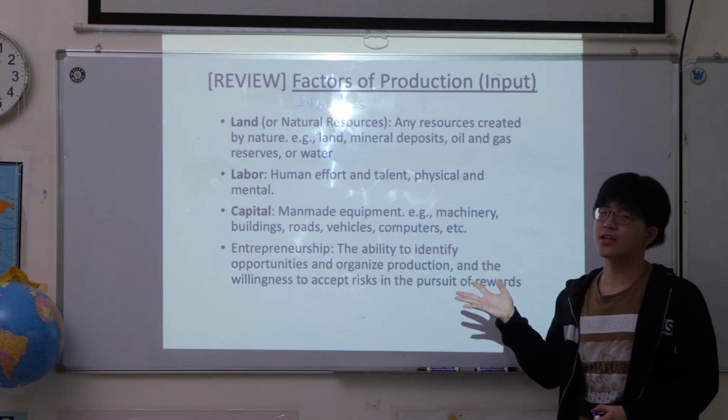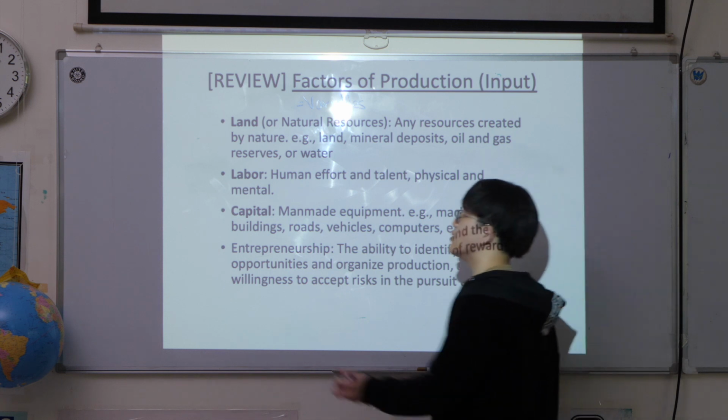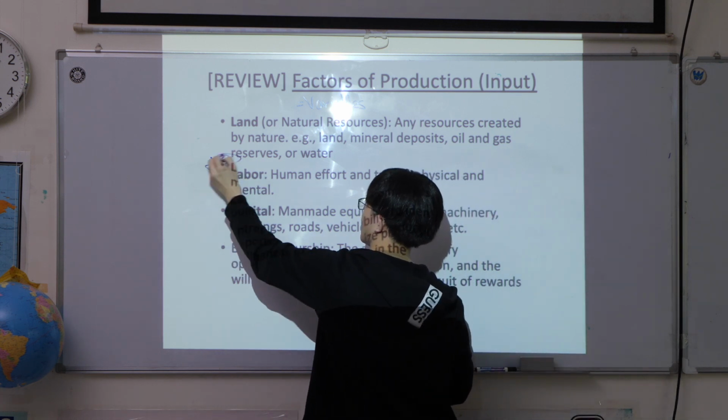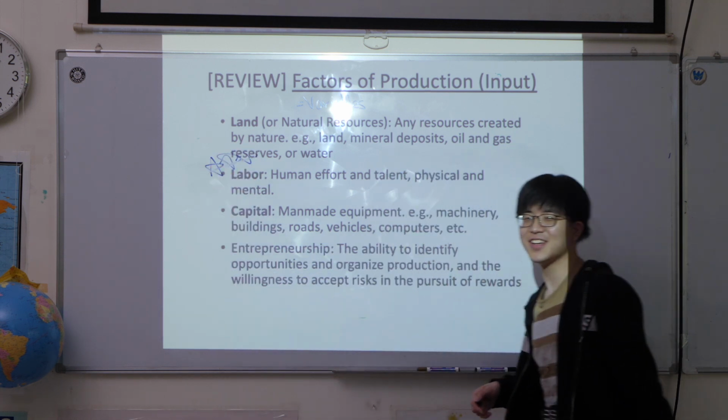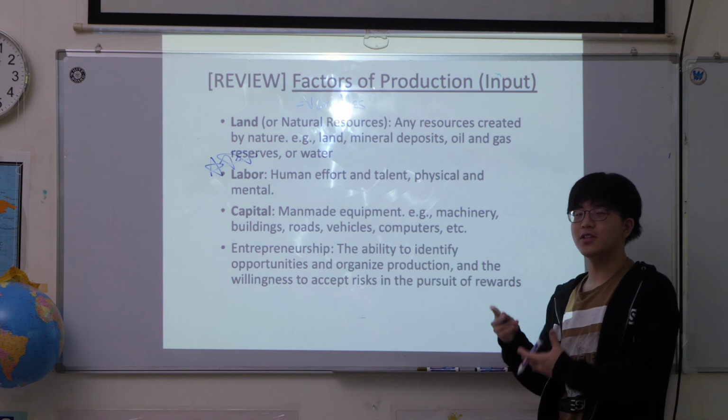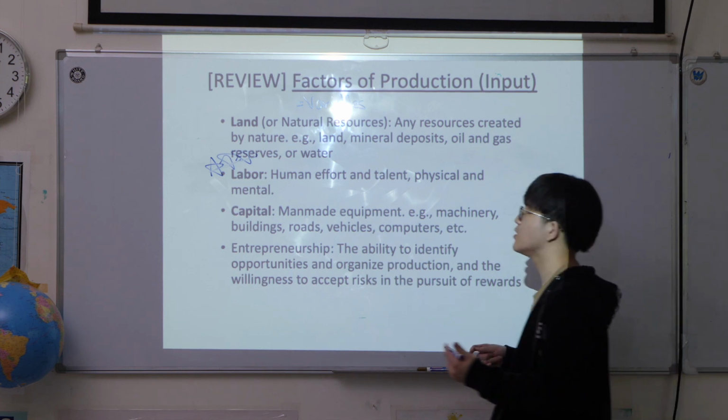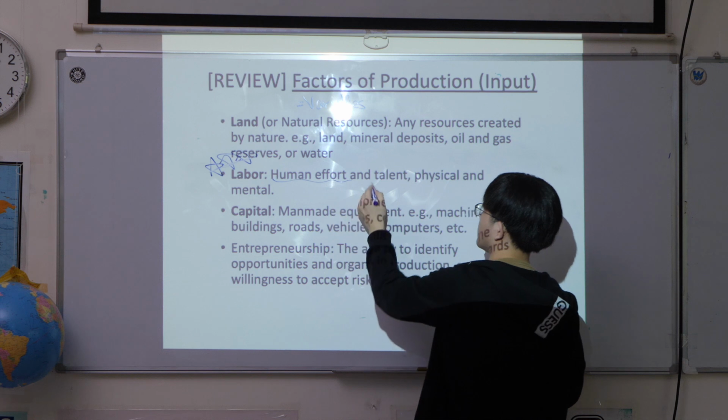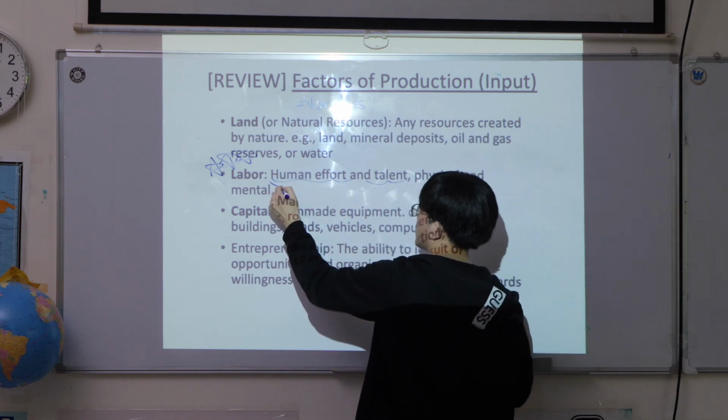So labor is actually quite important. You should draw 3 stars for labor. Labor is usually related to human capital, like human effort or talent, but usually it is about human capital.